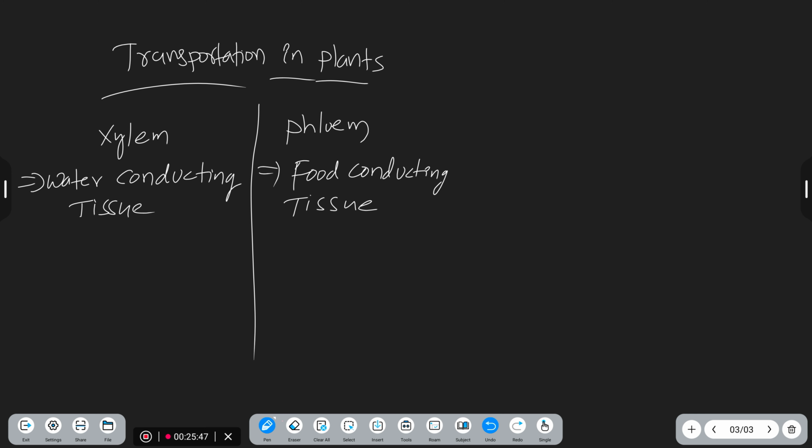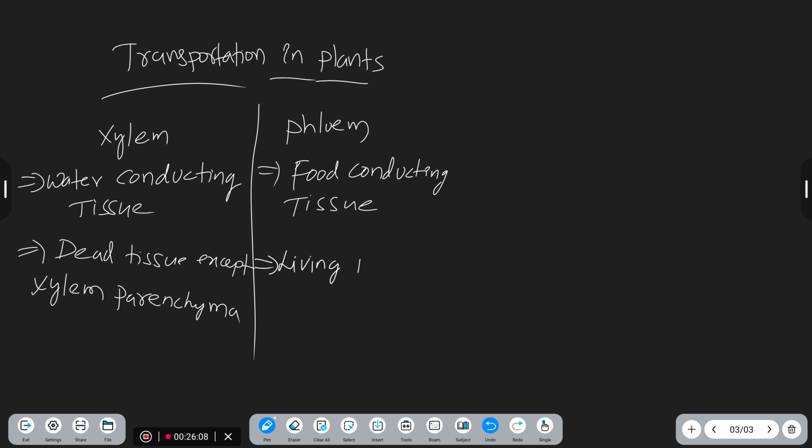Food conducting tissue. So xylem is a dead tissue, except xylem parenchyma. This is living tissue. Phloem is living except phloem fibers. Understood?